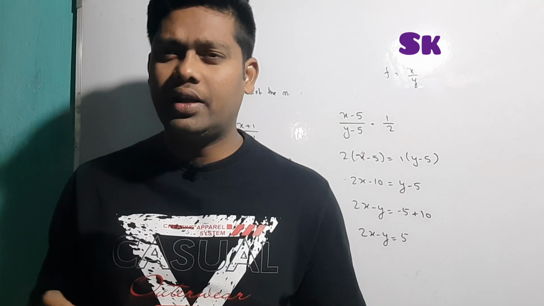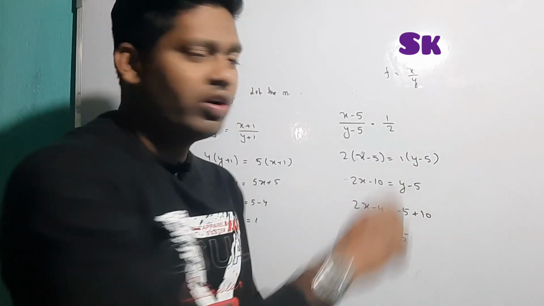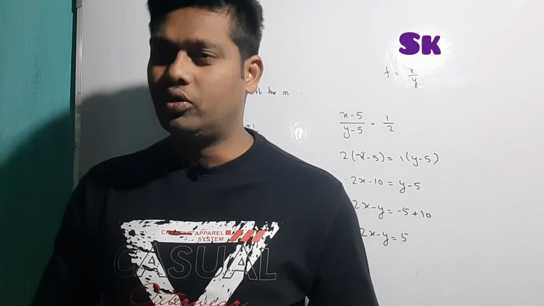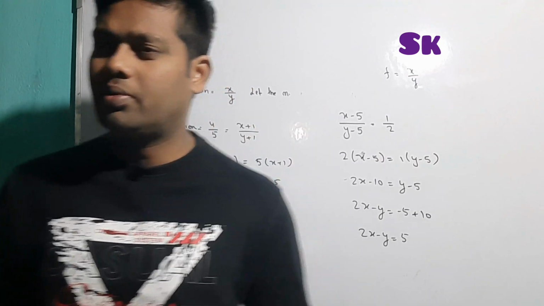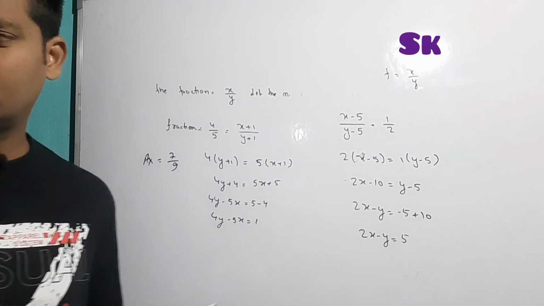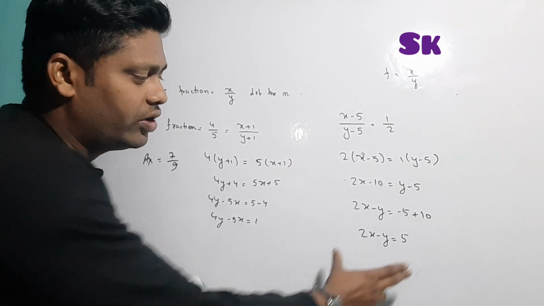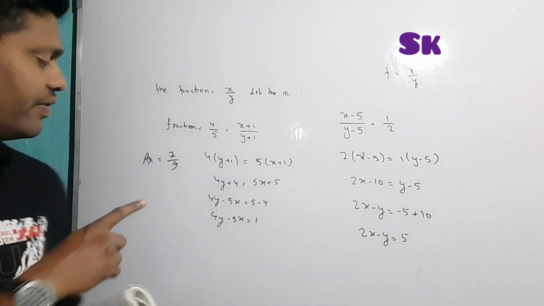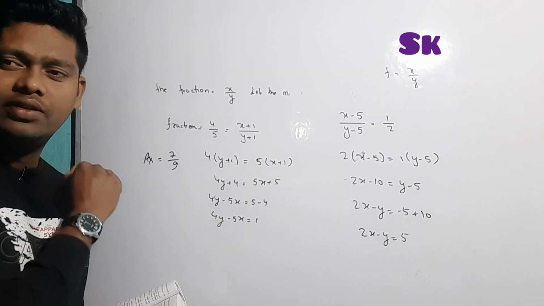So after subtracting, will the fraction again be x by y or will it change? It will change. So it got changed to 1 by 2. So after that, cross multiply. Understood? So again I got an equation. So solve these two equations, you will get your answer as 7 by 9. Numerator has 7 and denominator has 9. That will be your answer. Clear?